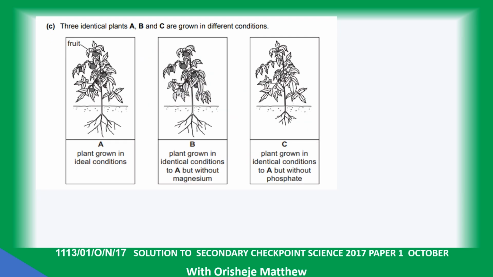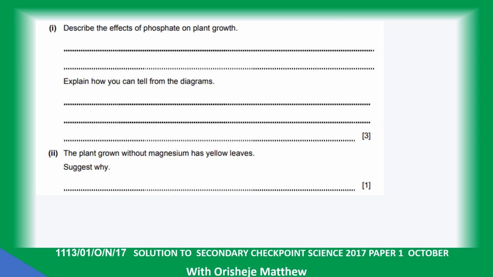Three identical plants A, B, C are grown in different conditions. Describe the effect of phosphate on plant growth. It affects the growth of roots. It affects the growth of fruits.